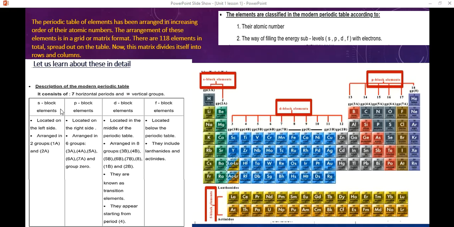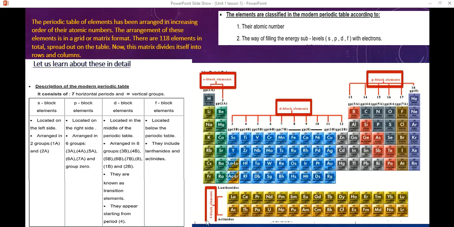So we have S2 left, P6 right, D10 middle, starting from 3B to 8 and 1B, 2B, named the transitional elements. Finally, we have F below, the lanthanides and actinides.